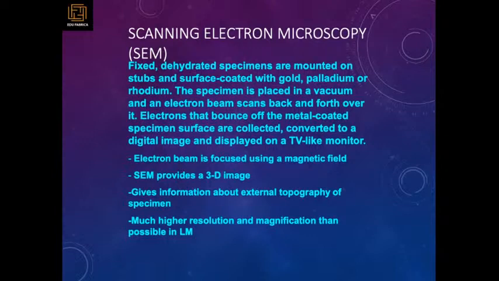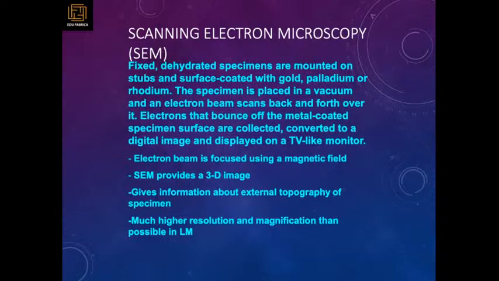The specimen is placed in vacuum and an electron beam scans back and forth over it. Electrons that bounce off the metal coated specimen's surface are collected, and converted into a digital image displayed on a TV-like monitor, and this also provides a 3D image.